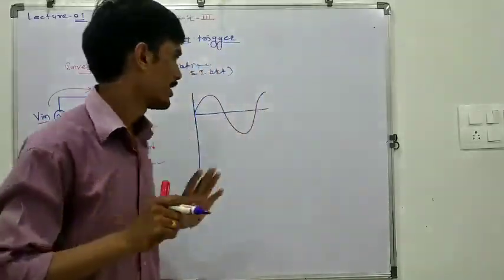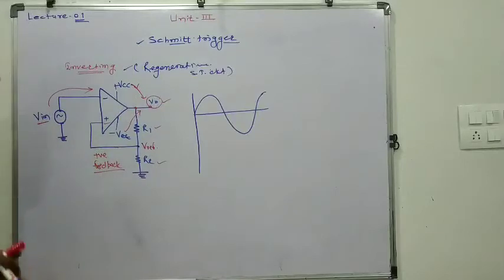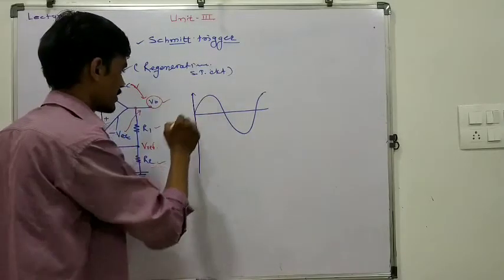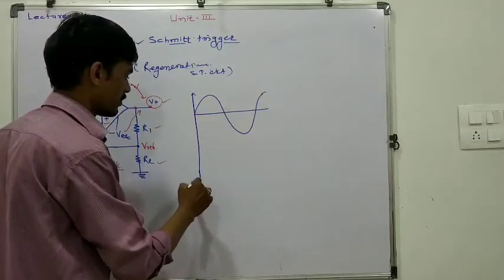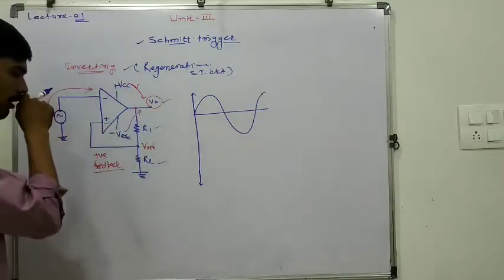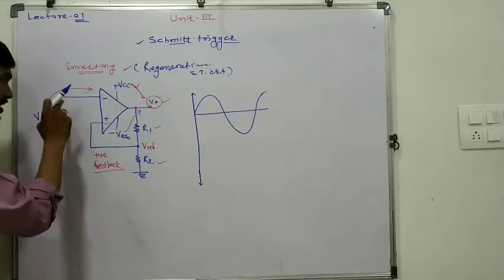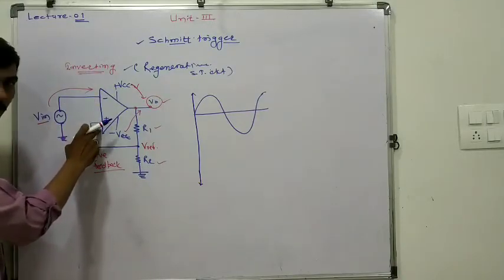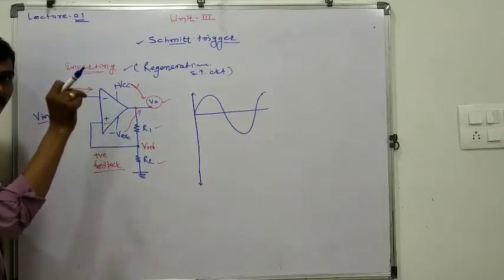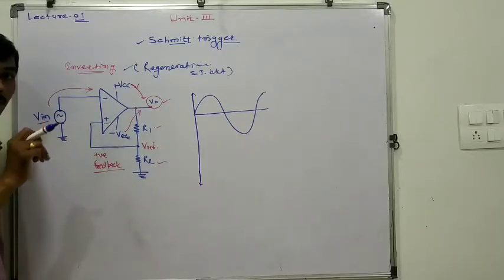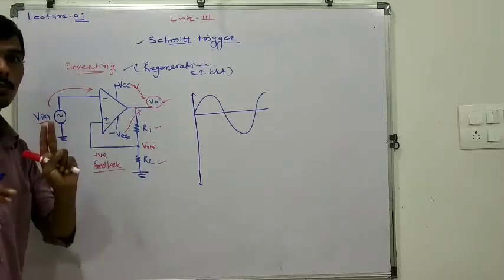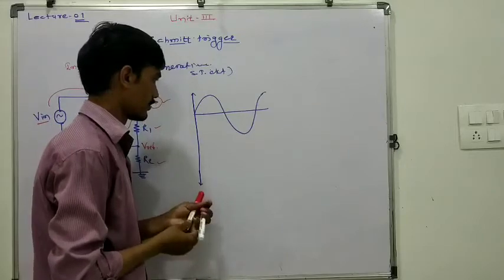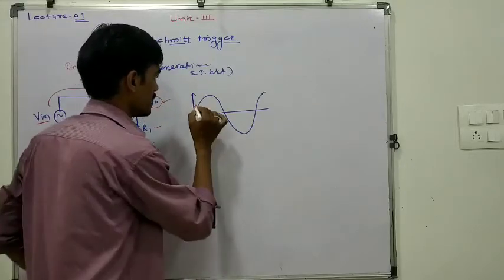So that point is already covered. So here we are providing a sinusoidal signal. Now inverting means what? If the input is above the reference voltage, for that we get an inverted output. So here we are considering two points. First is the plus V reference.